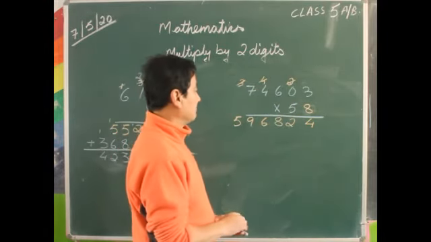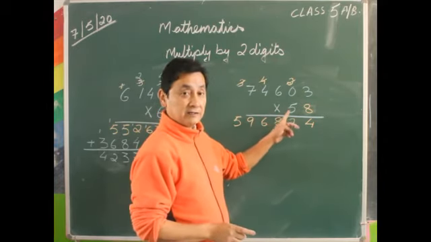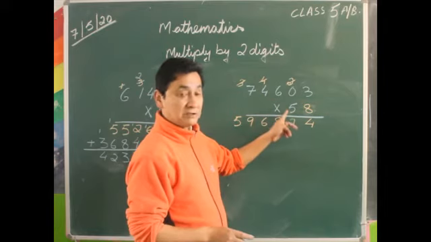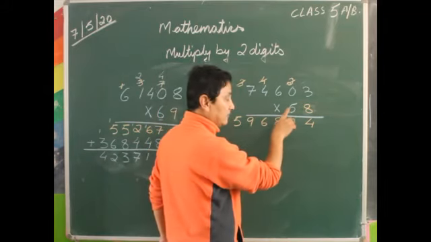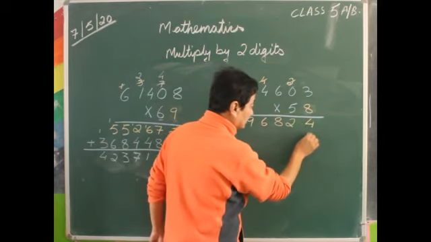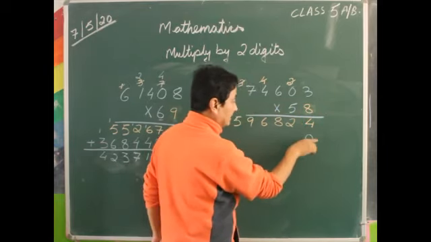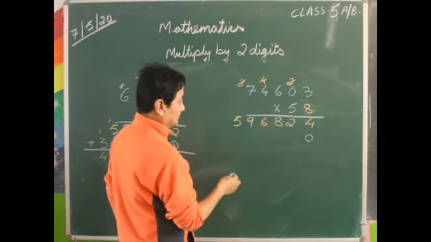Now we must multiply by 5. Think that it is a single number. So what must we do? We are multiplying with the tens. The place value of 5 is in the tens place. So we put a 0. I have explained where the 0 came from in the previous sum.